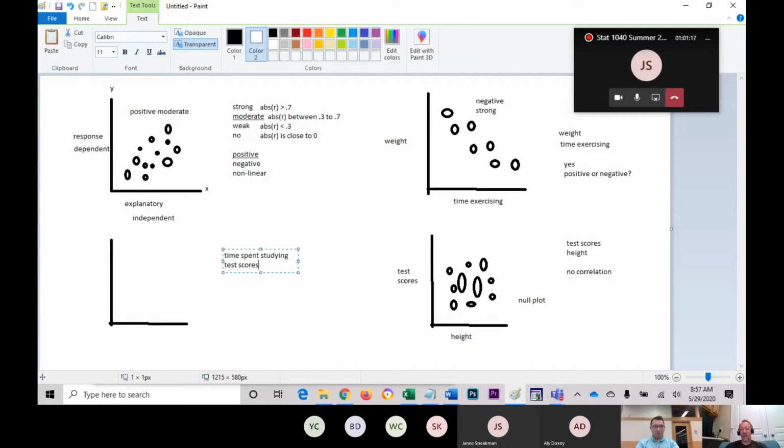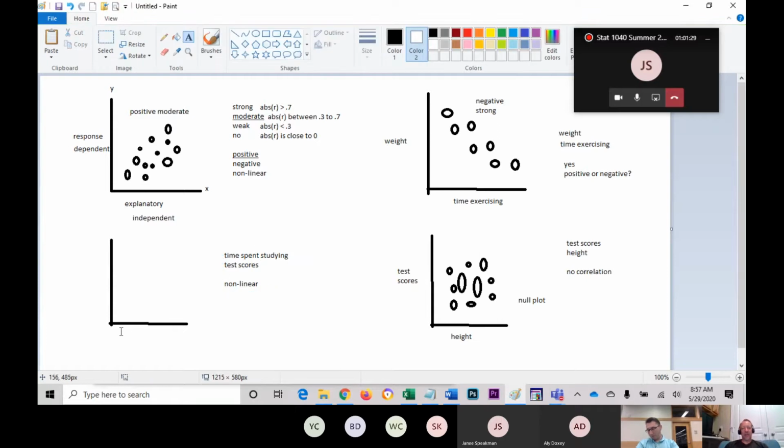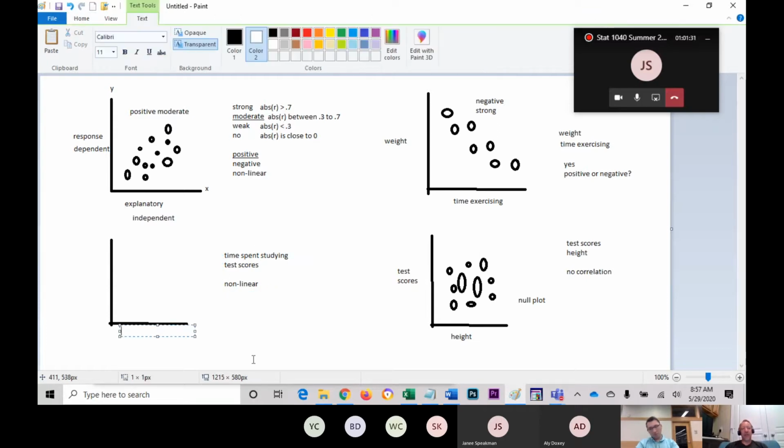But you know what's really interesting about this? There is a correlation, but it's actually nonlinear. Now, which one would be the explanatory or the independent variable? Time studying?